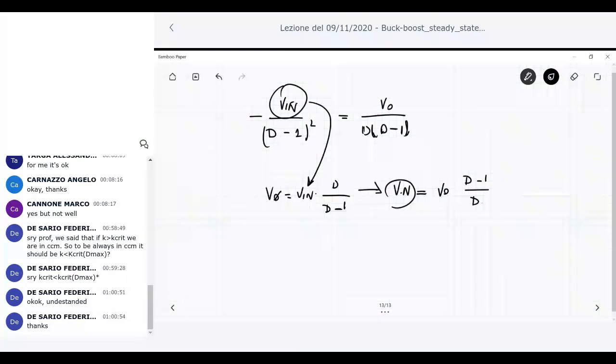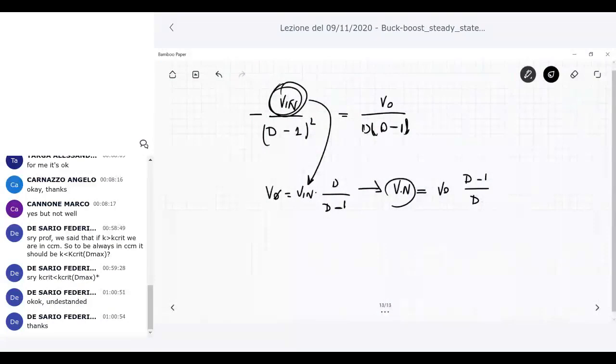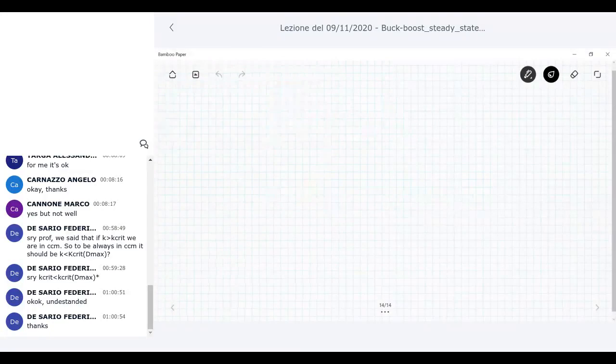And this is the gain. So the gain depends on the duty cycle. It is 0 when the duty cycle is 0 or 1. And when you have duty cycle 1, this gain is the maximum. And then it also depends on the voltage V in, as you can see here. We will use this gain when we talk about the closed loop control of this converter.